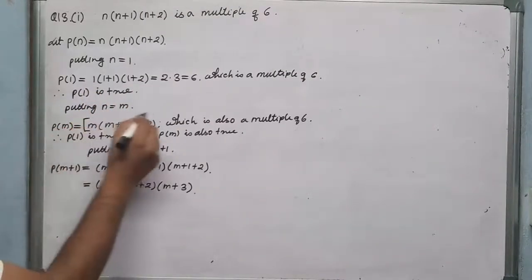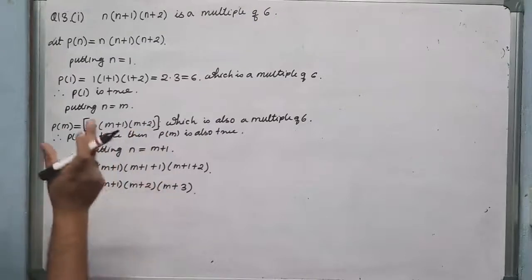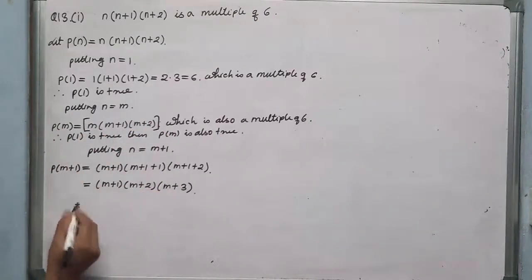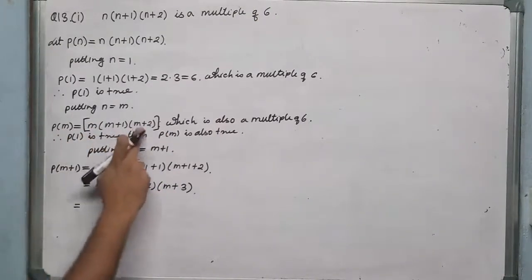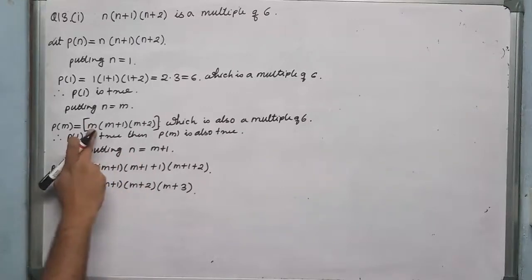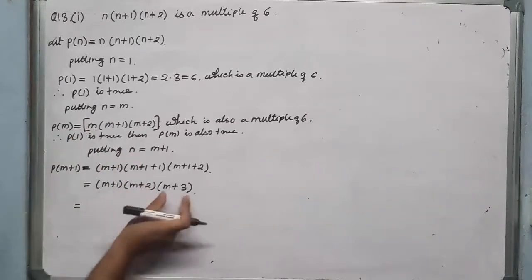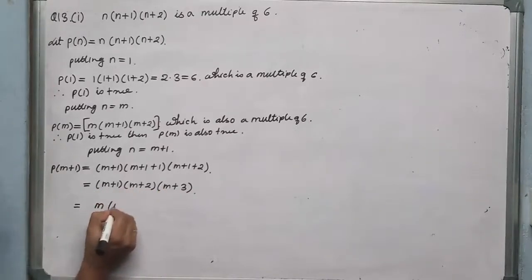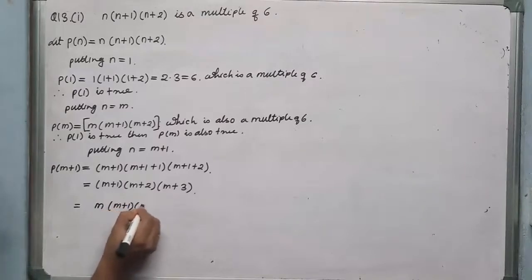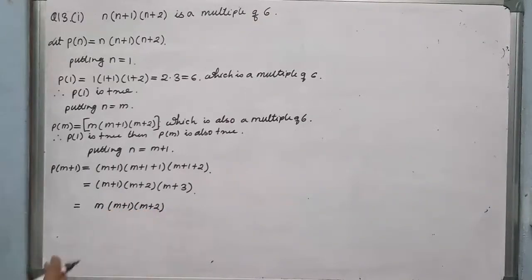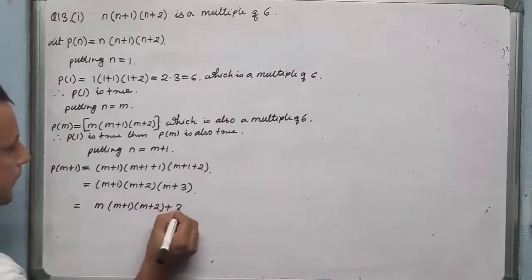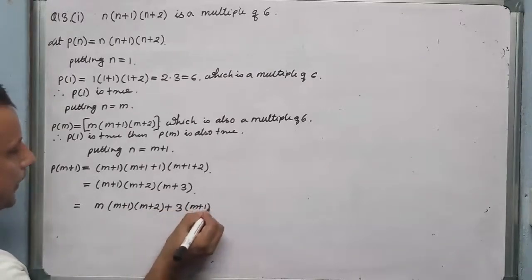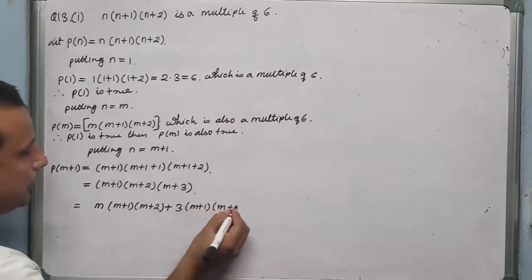This quantity must be present over here, that you have to adjust. Now m plus 1 is present, m plus 2 is present. What we require? m. So I'll multiply m plus 3 by these two quantities. If I multiply m by these two quantities, then we'll get m into m plus 1, m plus 2, then plus 3 into m plus 1 into m plus 2.